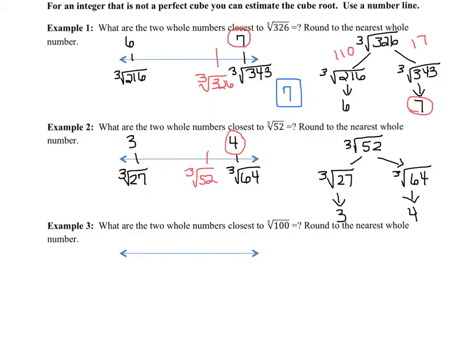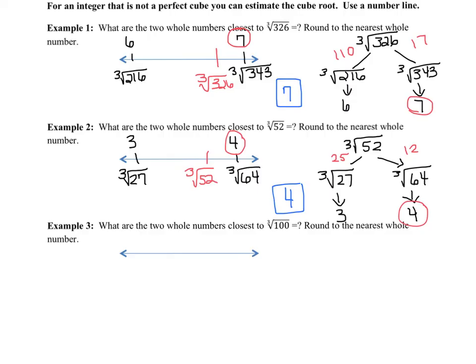Let's find the difference between 52 and 27, and that is 25. And now let's find the difference between 52 and 64, and that equals 12. 12 is smaller, so it's closest to 4. Therefore, our nearest whole number is 4.